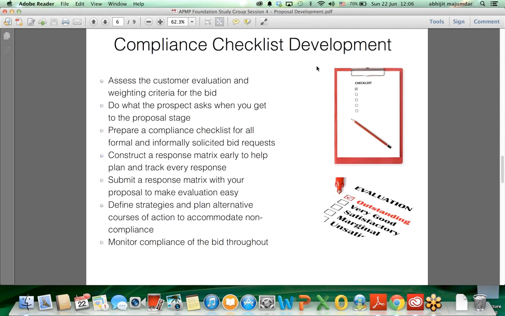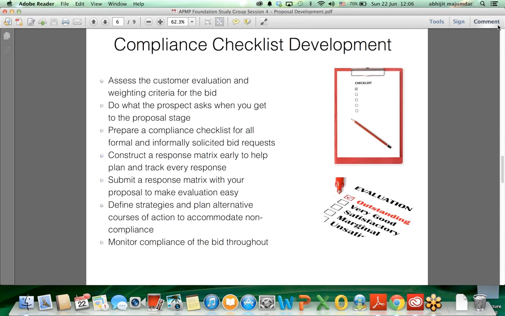That becomes your response matrix. So you can know that this compliance requirement will be met by this particular part or feature of our solution, and will be responded to by this person, and this is the section in which it will be put in the proposal. That is what your response matrix is.